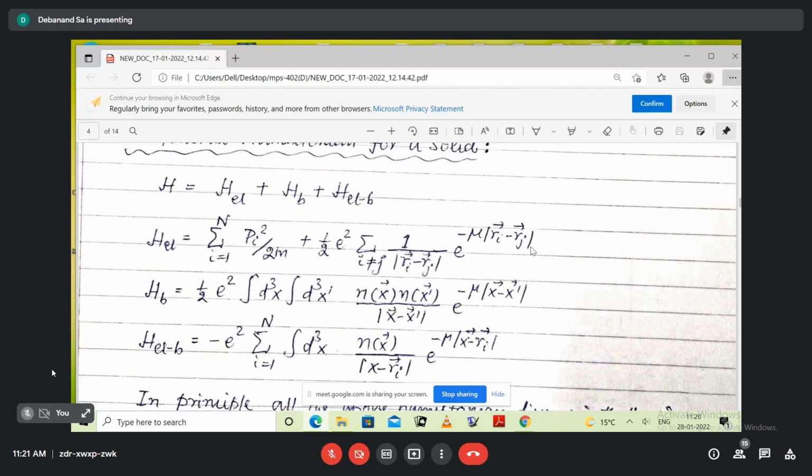So they're going to screen. So the 1 and 1000th, their interaction won't be just 1 by R, because it will be screened by this kind of factor.